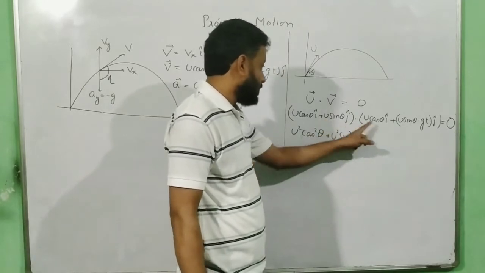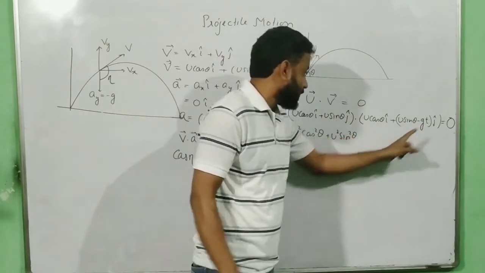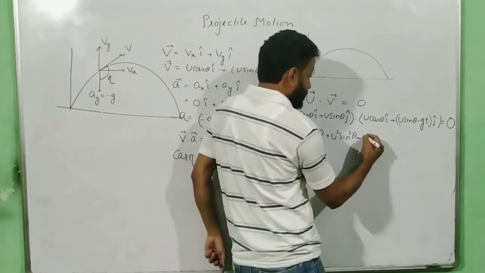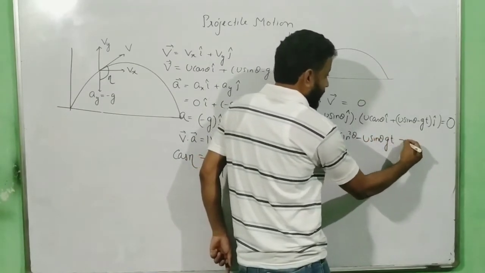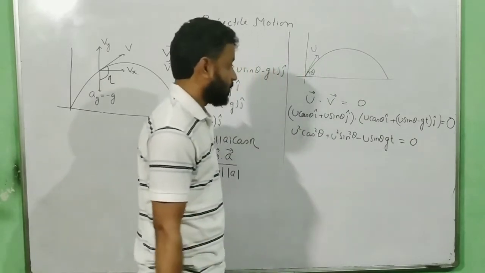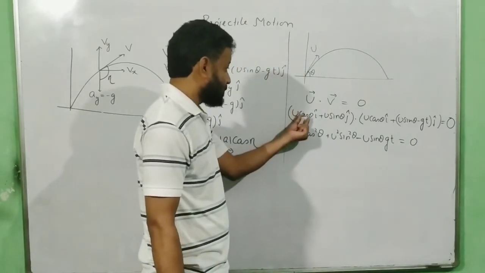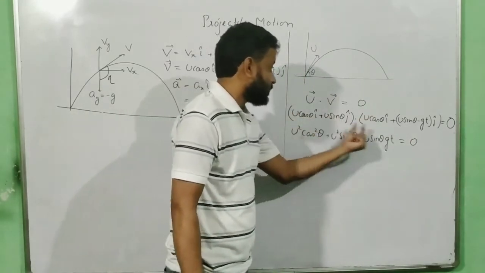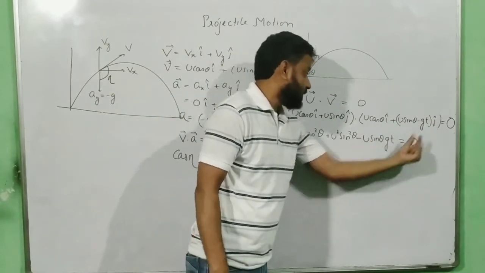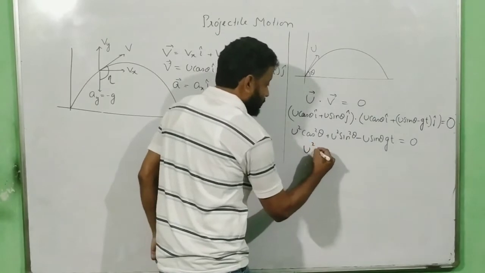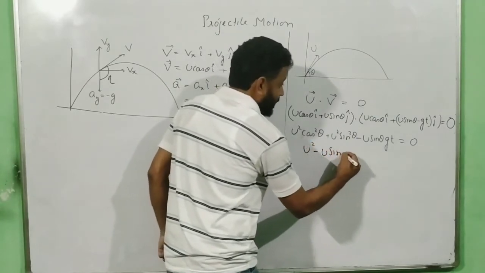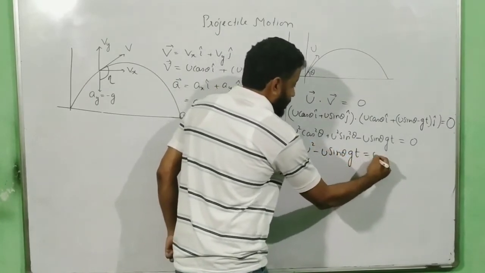And then u sin theta with the gt is equal to minus u sin theta multiplied by g times t, and that must be equal to 0. So u square cos square theta plus u square sin square theta is u square, minus u sin theta into gt. That must be equal to 0.